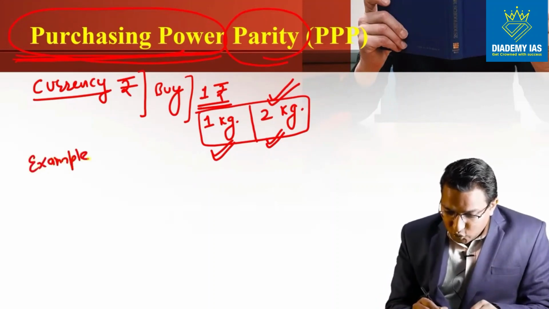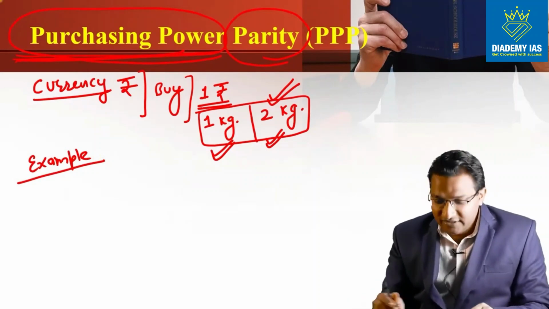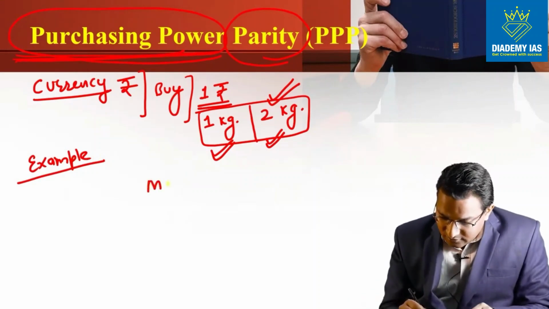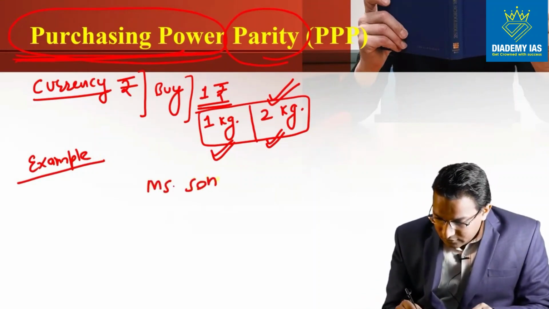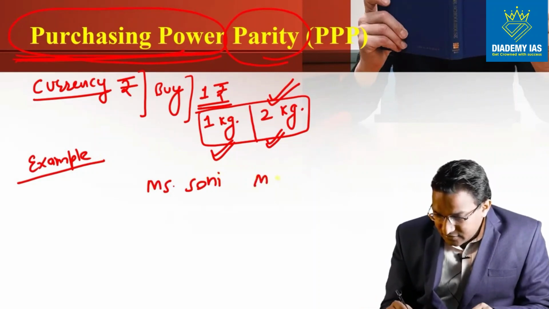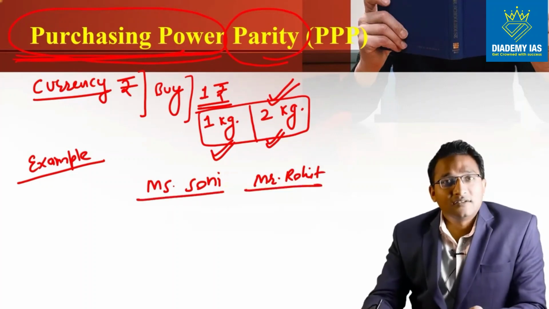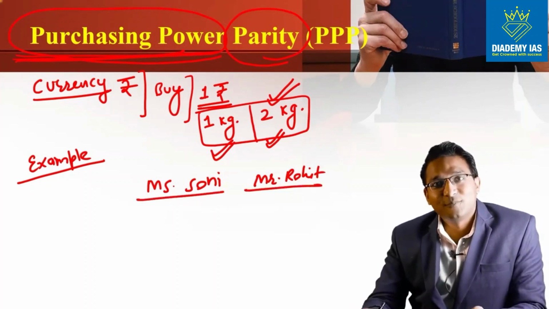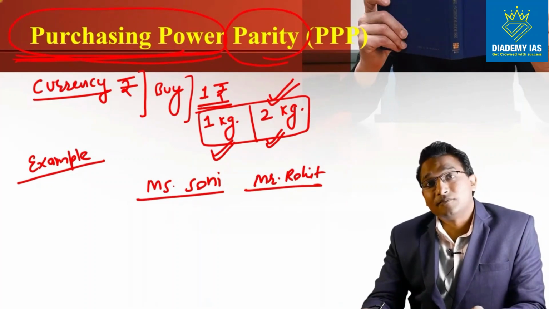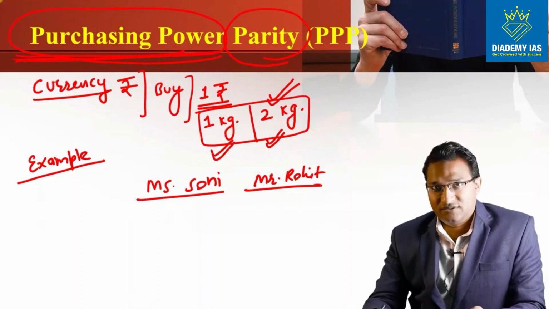Consider there are two friends. One is Miss Soni and another is Mr. Rohit. Both are college time friends. Both have just qualified and completed their graduation, and they are well placed.